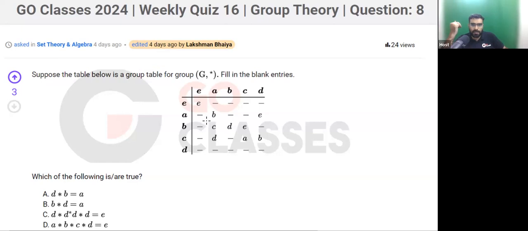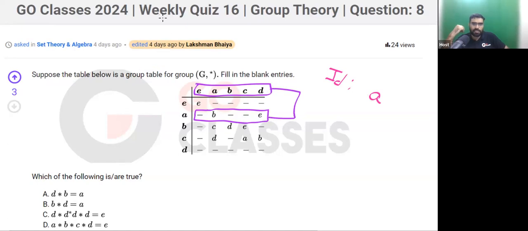Can A be the identity element? Let's find the identity element. Is it possible? Why is it not possible? See, if A is the identity element, then this row should be the same as this header, but they are different.